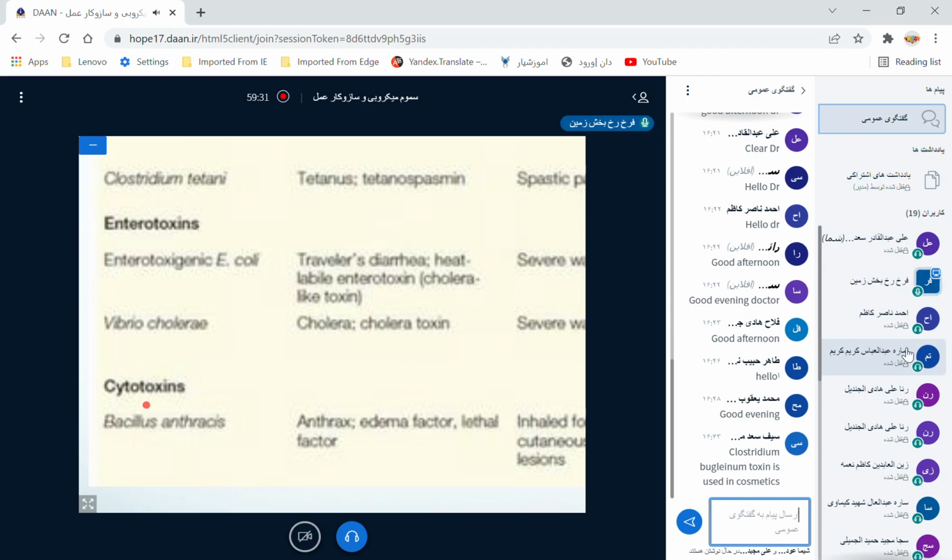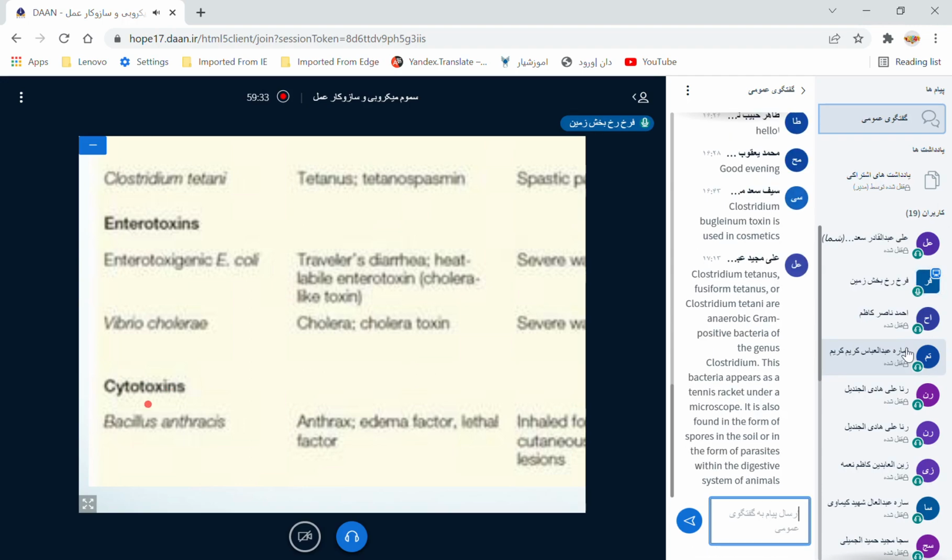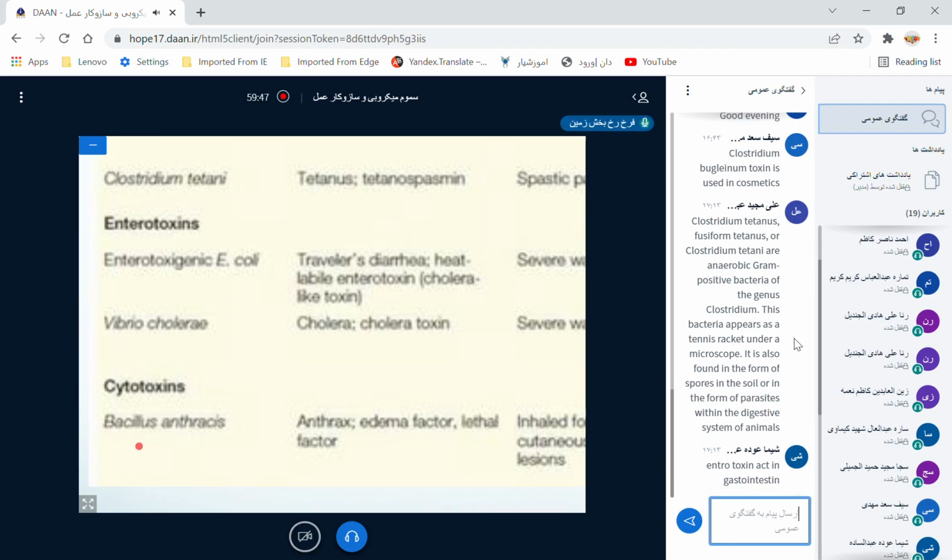Some toxins are effective on some cells. We say cytotoxins. Like what? Like Bacillus anthracis. The disease is anthrax, and we call the toxins edema factor or lethal factor.